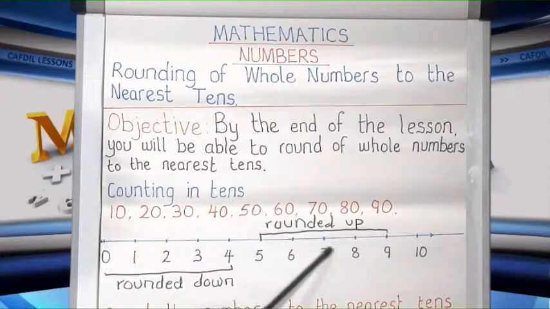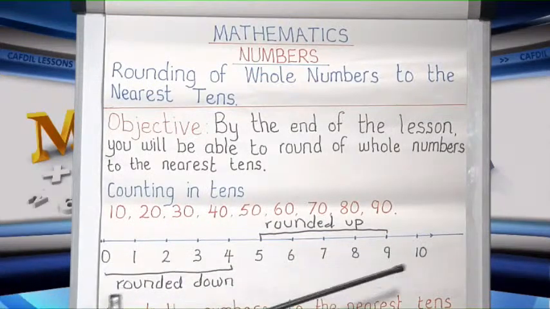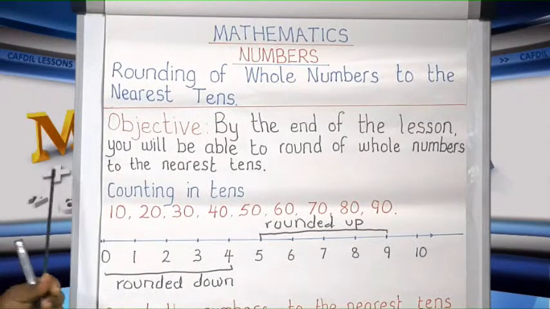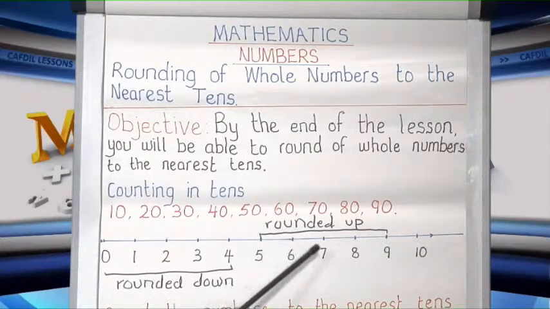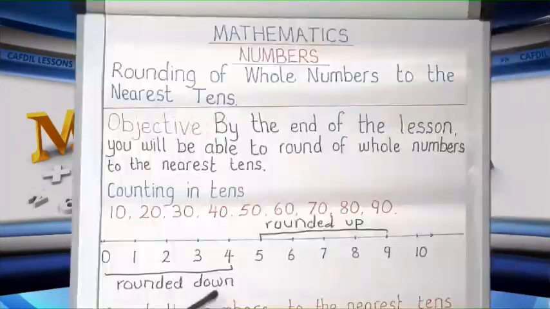These numbers are closer to 10, but these numbers are far away from 10, because we have divided this number into 2 equal parts. 1, 2, 3, 4, 5 here. Another 1, 2, 3, 4, 5 also here. So these 5 numbers here, when we are considering the ones, we say we are going to round it up. And this number too, 1, 2, 3, 4, 5, when we are considering the ones, we say we round it down.